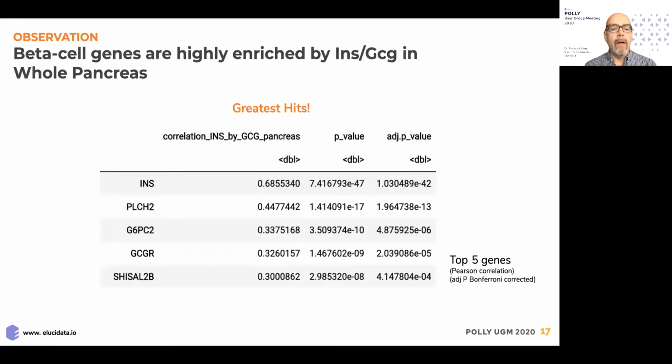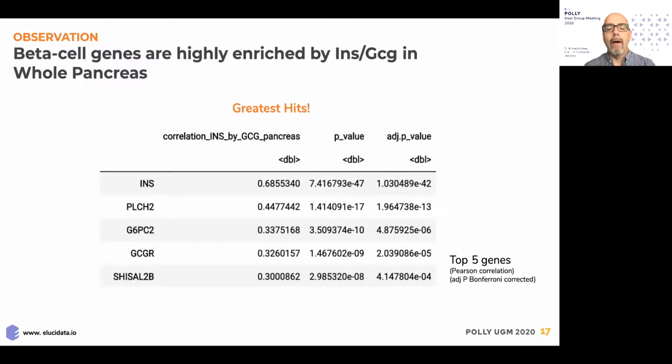In a quick analysis of these, the 5 top hits in this analysis are all beta cell specific genes. Having gone through a lot of these different portals and looking at correlations of genes within different tissues, this is the first time I've ever seen anything where we get all 5 hits coming from the same tissue that are specific to that tissue.